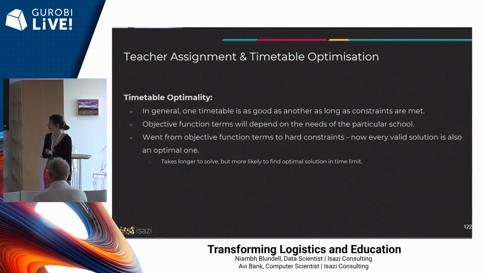So timetable creation is an interesting problem because in general, as long as you meet all the constraints, one timetable is as good as another. In this case, the objective function will depend on the needs of the particular school. You might have some particular rules, like science must only have 1 lesson a day or something like that.